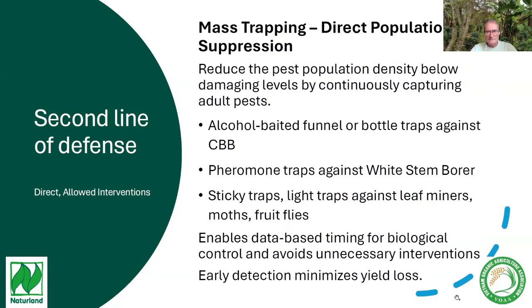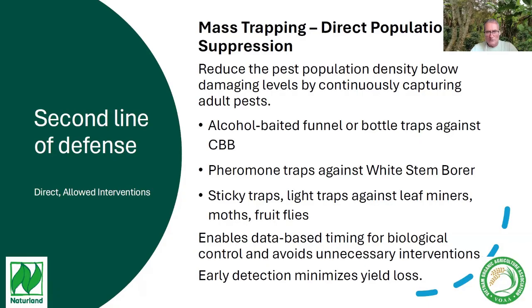Yes, and here mass trapping, direct population suppression. That may also reduce quite significantly the pest population density and bring it down below damaging levels. So many traps, bottle traps, alcohol-baited funnels may be used, for example, against coffee berry borer.